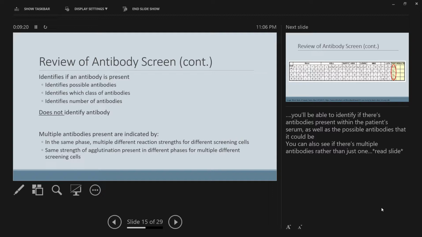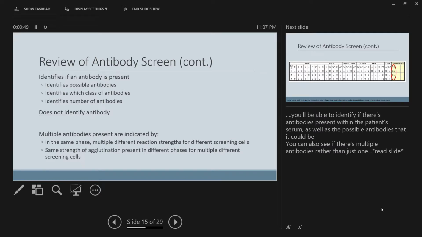Since there are only 3 vials, you'll be able to identify if an antibody is present. You'll be able to identify which class of antibody is present and the number of antibodies present, but you will not be able to identify the antibody present. For that, you'll have to conduct a panel, which we'll get to.